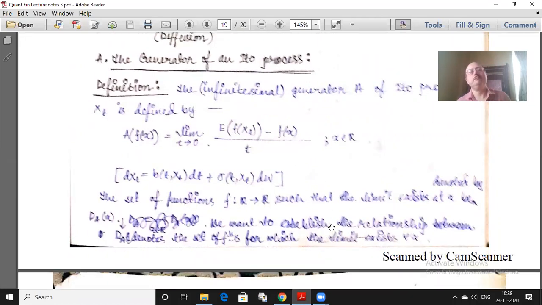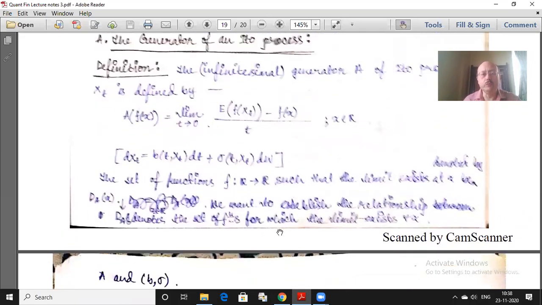Of course, good things don't happen all the time. So we need to first see what are the good functions f for which such limits will exist. So we try to define the set of good functions, the set of real-valued functions f such that this limit exists, denoted by capital D_A(x). The subscript A is for the generator and x denotes that the process starts from small x.